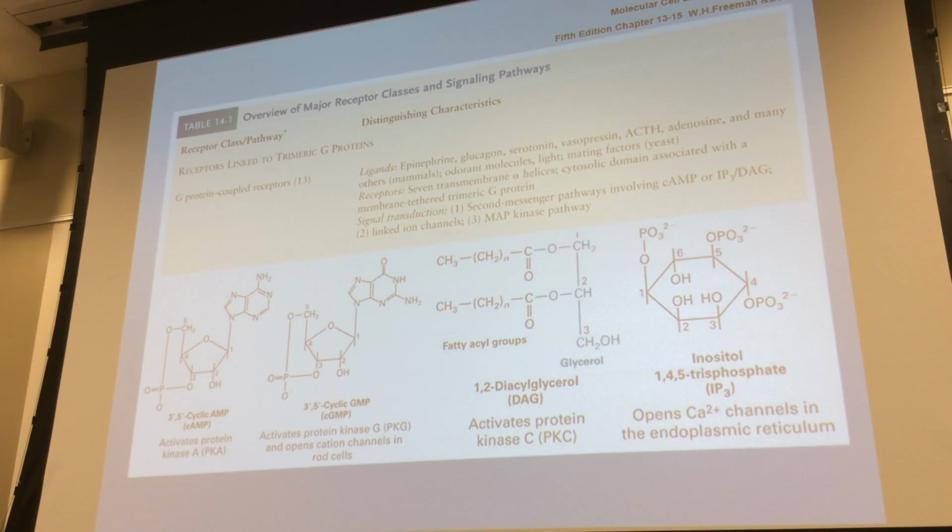And they're also going to be having some internalization, which we'll talk about a little bit. But essentially, the response to the hormone is occurring at the outside of the cell. So the transmission of the signal has to come from something that can be occurring on the inside of the cell, and that's going to be the ability of the adenylyl cyclase, in this case, to make cyclic AMP.